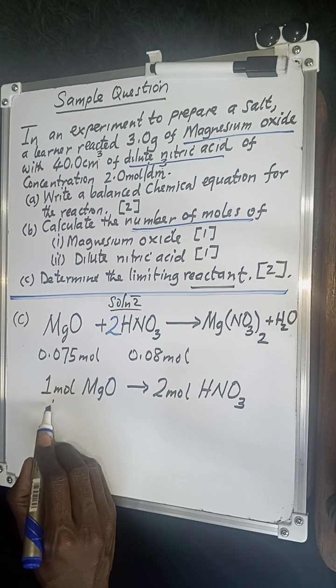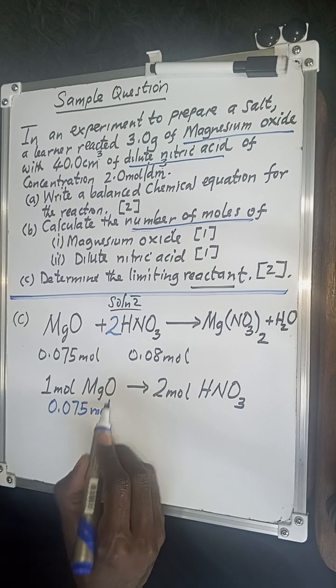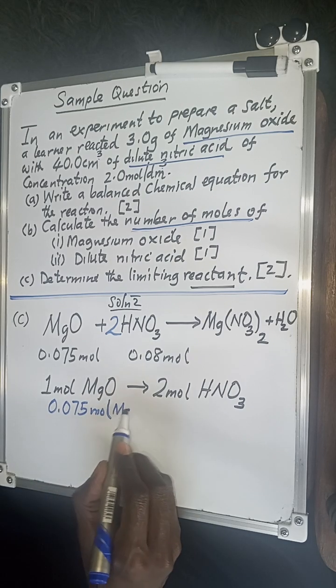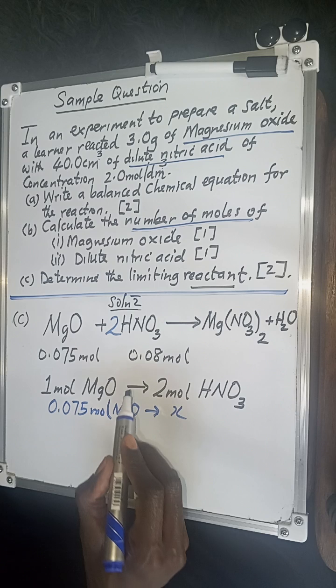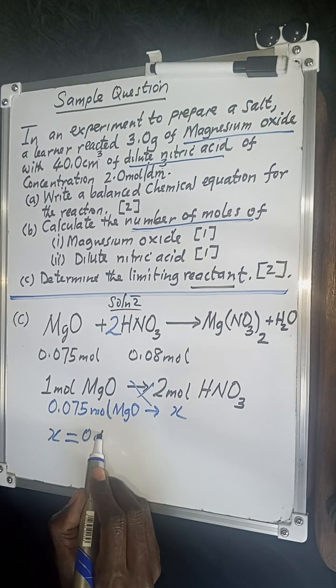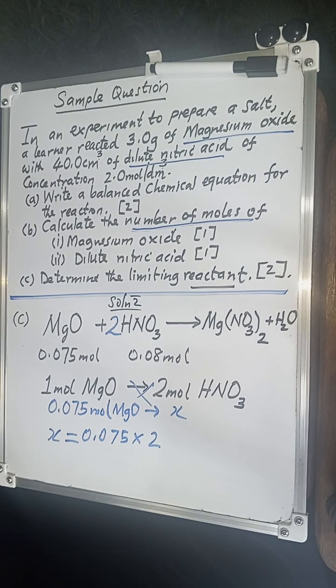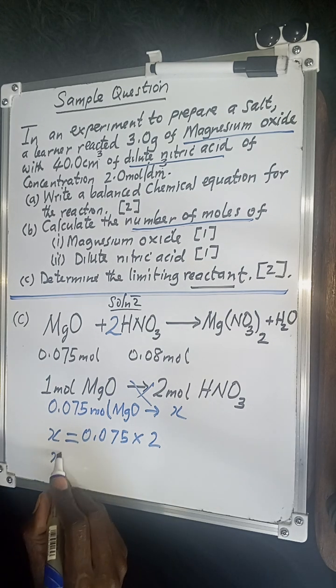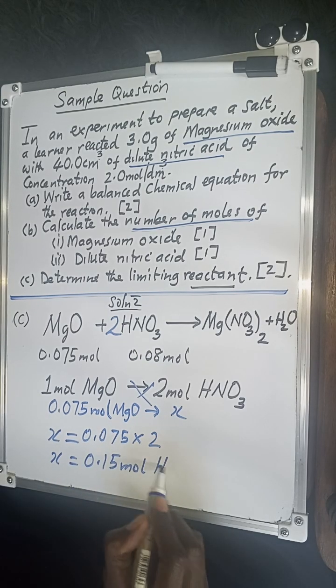Suppose I have 0.075 moles of this magnesium oxide, then how many moles of nitric acid do I need? That will help you to know which one is the limiting. So we cross multiply. x times 1 gives x equal to 0.075 multiplied by 2, and x is equal to 0.15 mole of nitric acid.